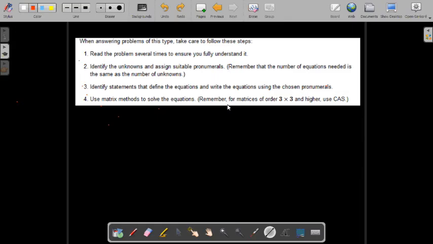As a good rule of thumb, for matrices of order 3 by 3 or higher, just use CAS. If it's 2 by 2, go for it, use it by hand, but 3 by 3 gets complicated. It's doable, but just use a CAS.